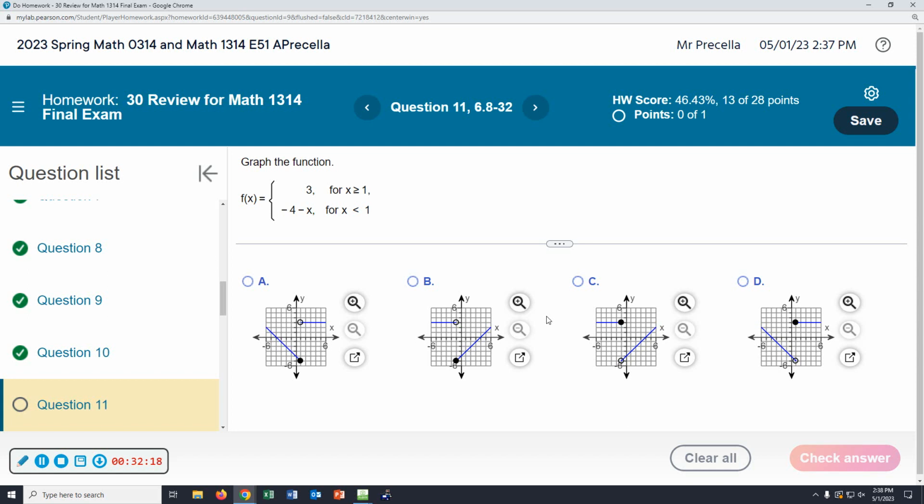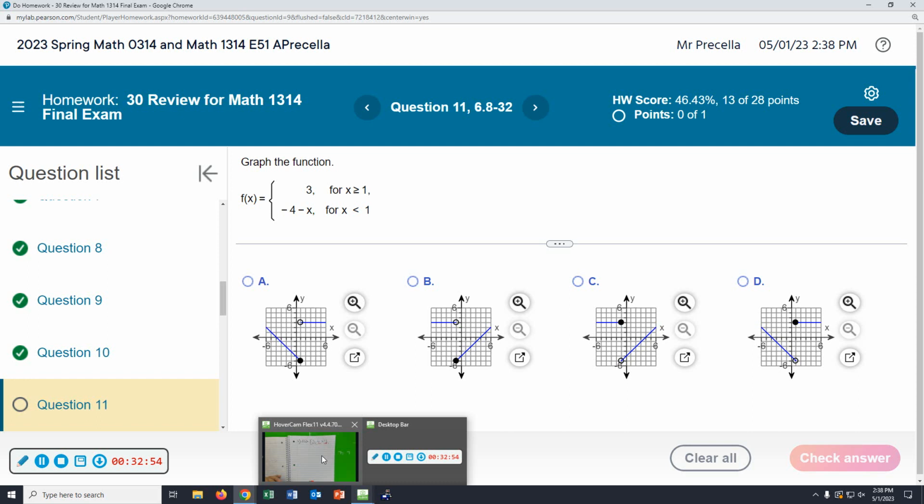We'll use y equal to 3 for x values greater than or equal to 1, and it'll equal negative 4 minus x for x values less than 1. So 3 for x greater than or equal to 1, negative 4 minus x for x less than 1.